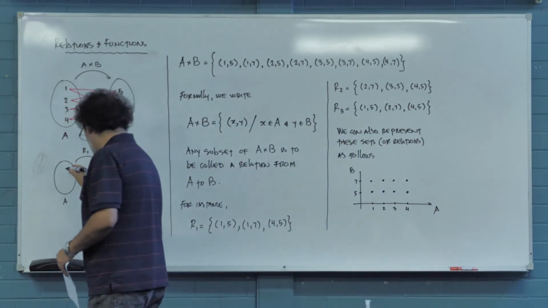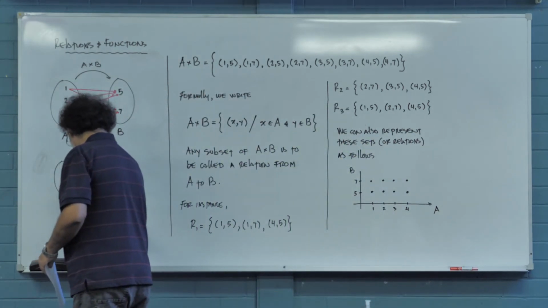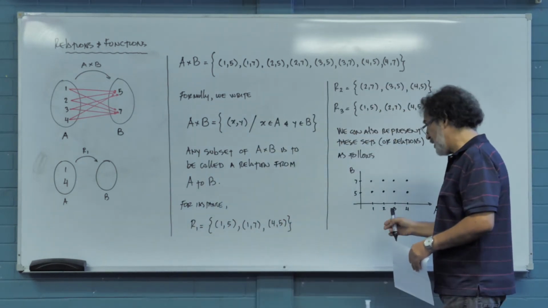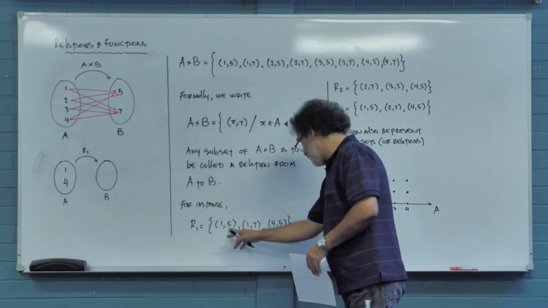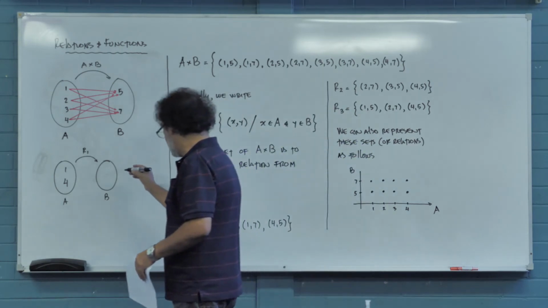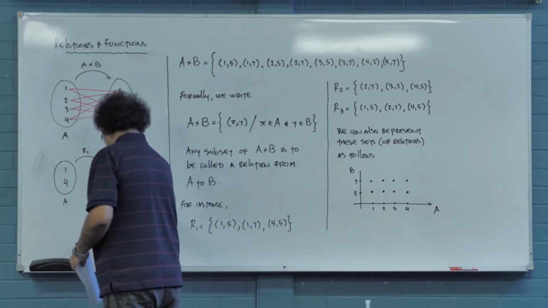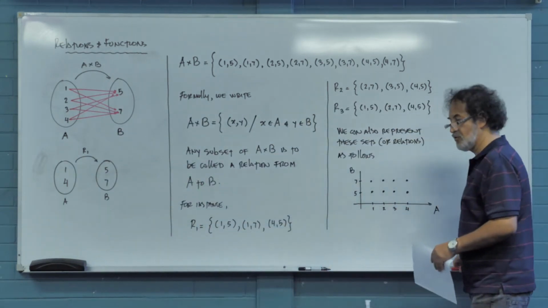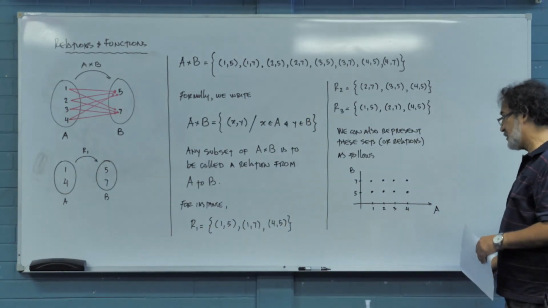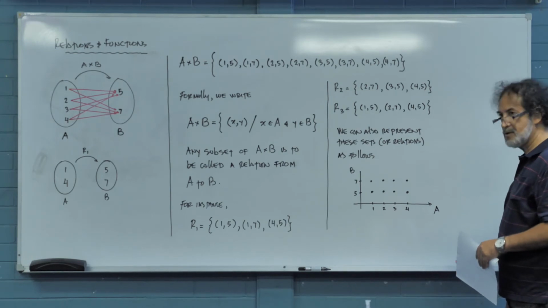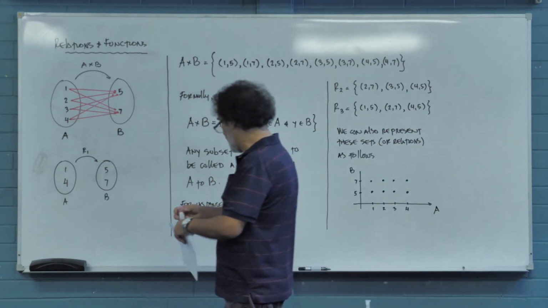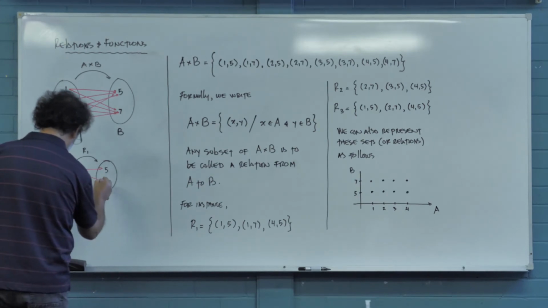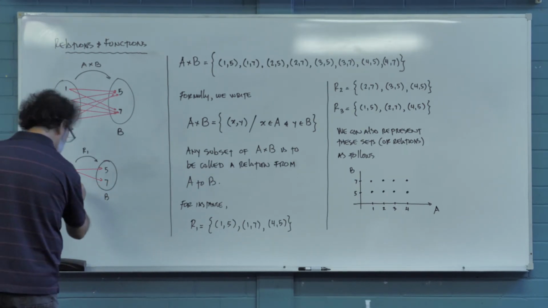So 1 and 4, we're going to call them the input numbers. And then the output numbers are going to be 5 and 7. So 5 and 7. And then we're going to establish the relationship between them. So 1 goes to 5 and 1 goes to 7. All right, so you can see that 1 goes to 5, but also goes to 7. But 4 goes to 5 only.